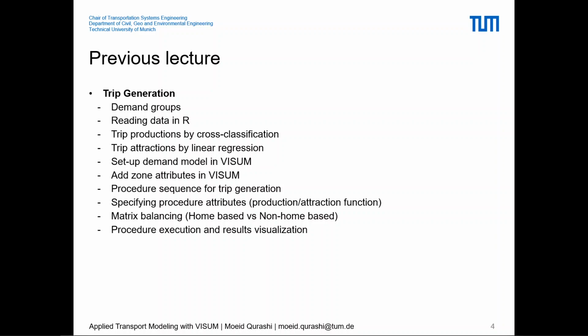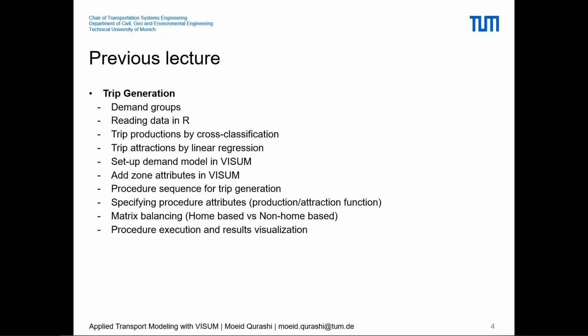This is one type of demand classification where you create demand groups based on activity. The other one was based on person demographics. We saw that we can have car or no car, income-based, male or female, car ownership, and age groups as well. These create demand groups based on person demographic attributes.